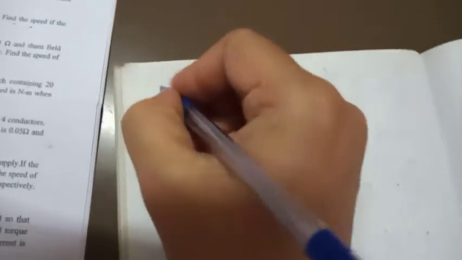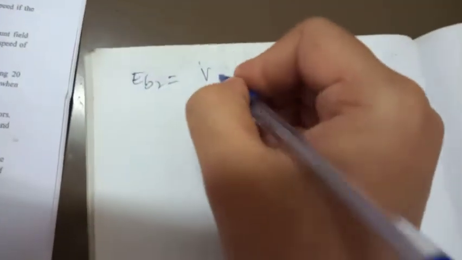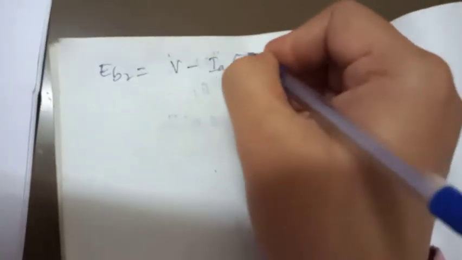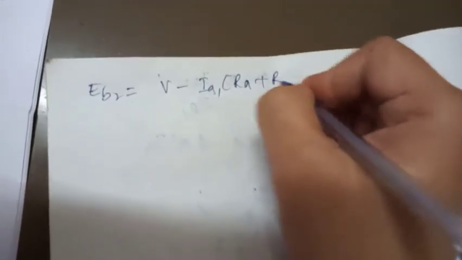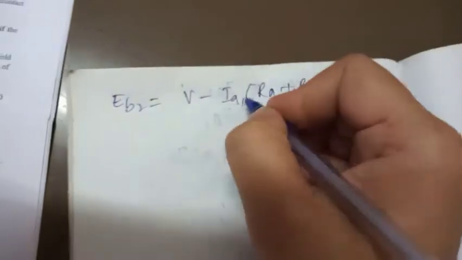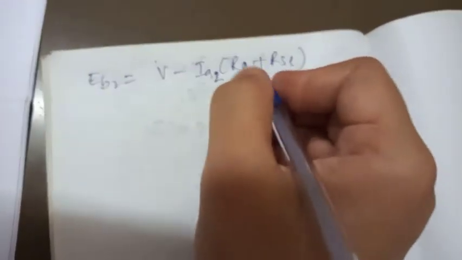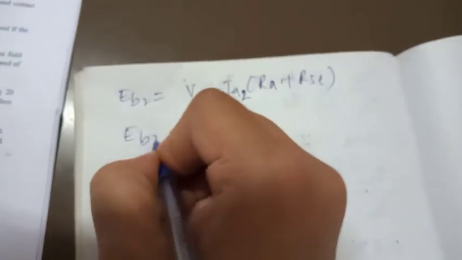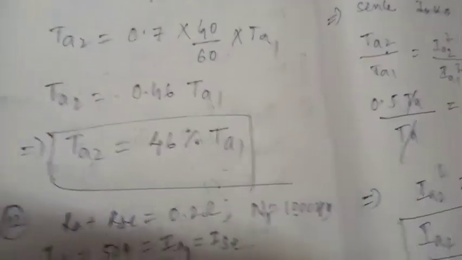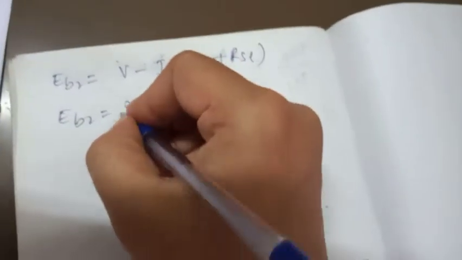So EB2 is equal to V minus IA2 into RA plus RSE. What is the value of V? V is equal to 200 volts. So 200 minus, what is the value of IA2?